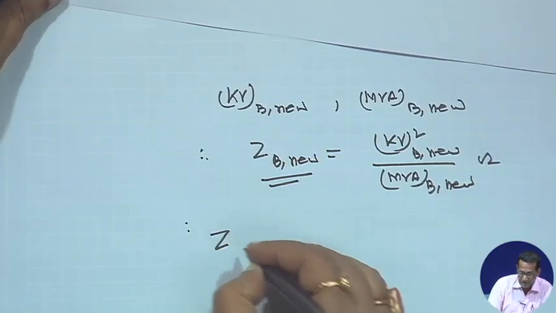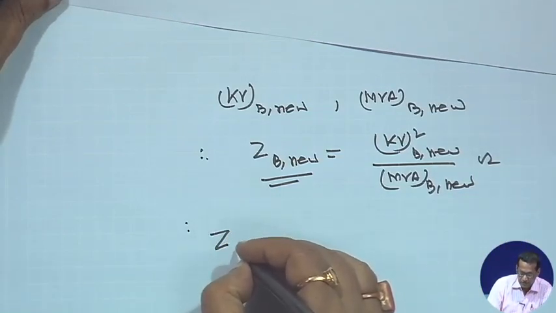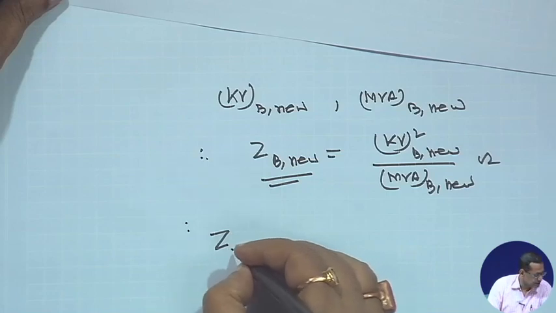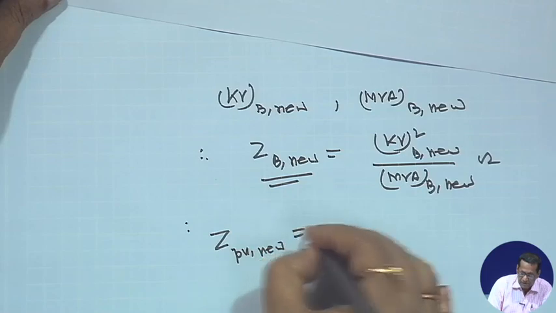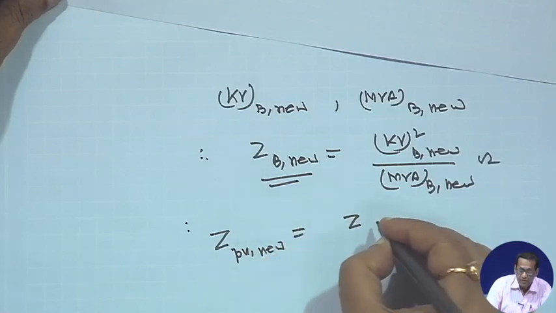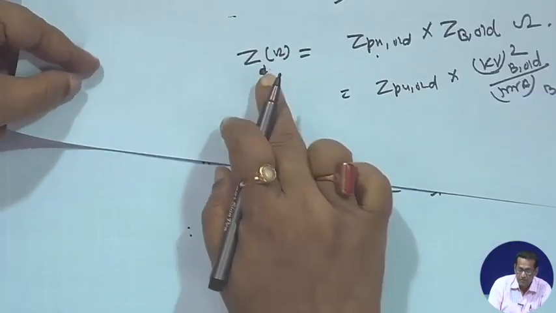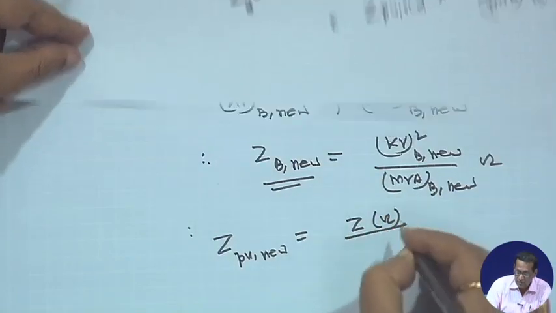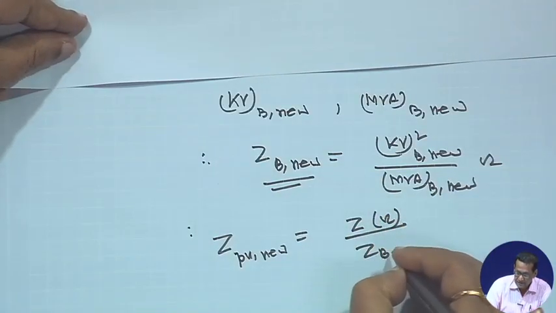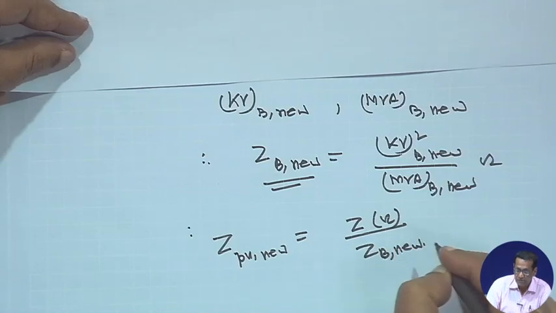Therefore, I can write that Z per unit new is equal to the ohmic value, whatever you have got here, divided by Z base new, right.